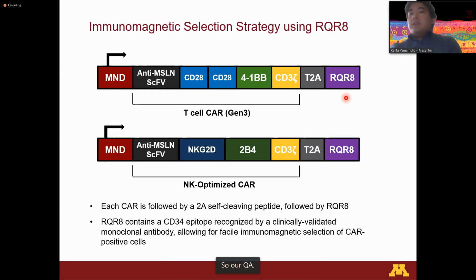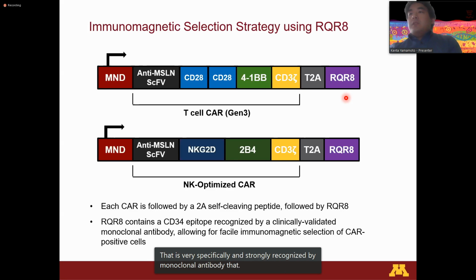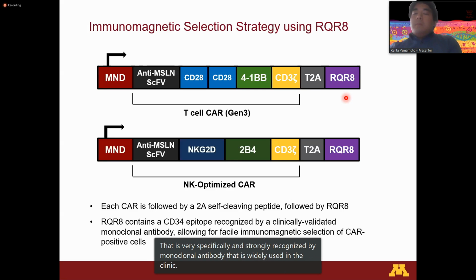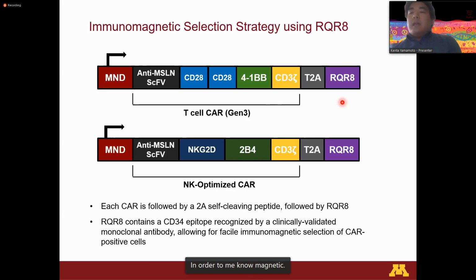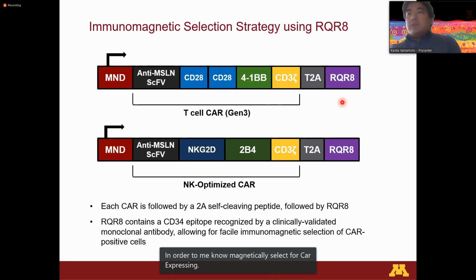So RQR8 contains a CD34 epitope that is very specifically and strongly recognized by a monoclonal antibody that is widely used in the clinic. And being that the CAR and the RQR8 molecule are co-expressed, we're able to label the RQR8 in order to immunomagnetically select for CAR-expressing NK cells.